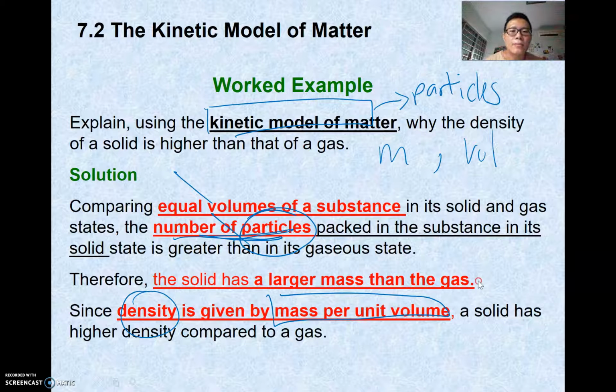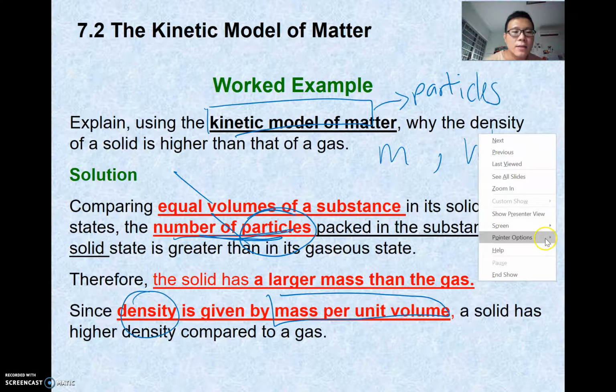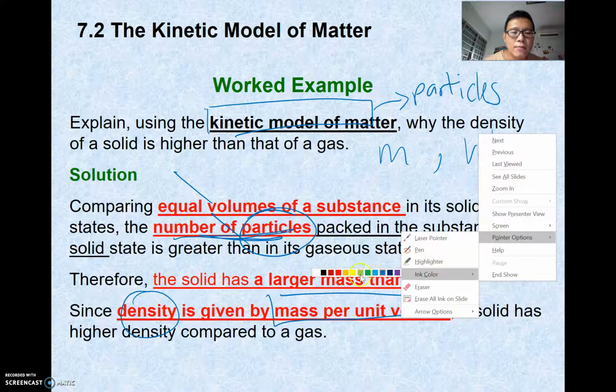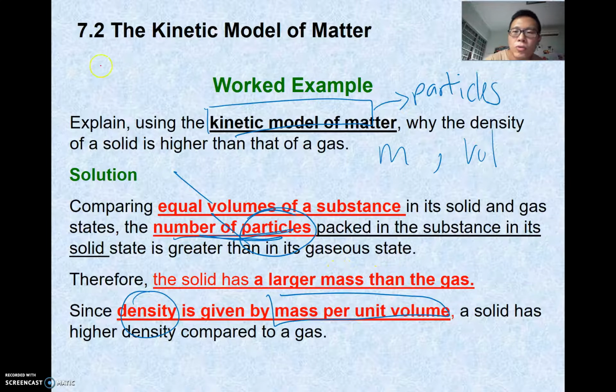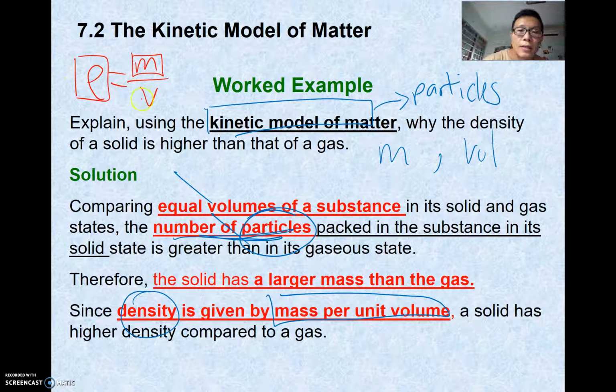The explanation of density follows closely to the formula. I need to first highlight to the marker what the mass is in terms of particles. I need to highlight the volume, equal volume here. And before I conclude about the density, I need to tell the marker what the formula is.